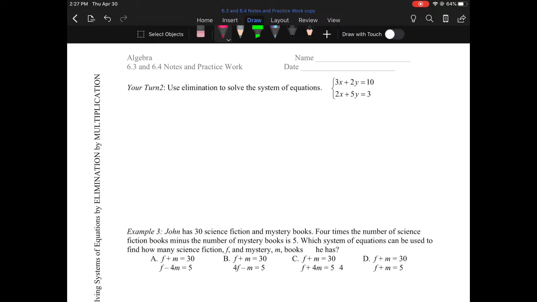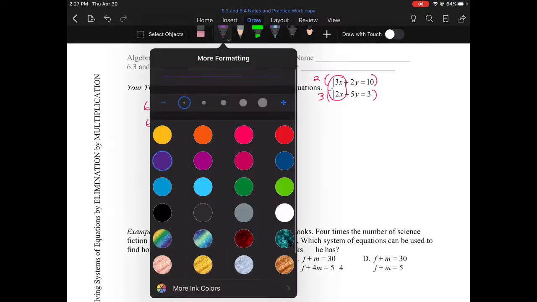All right, for your turn, again, neither coefficient is the same, and all 4 of my terms are positive, so I'm going to go ahead and choose to get my x terms the same. So I'm going to multiply my top equation by 2 and my bottom equation by 3. So I get 6x plus 4y equals 20, and 6x plus 15y is equal to 9.